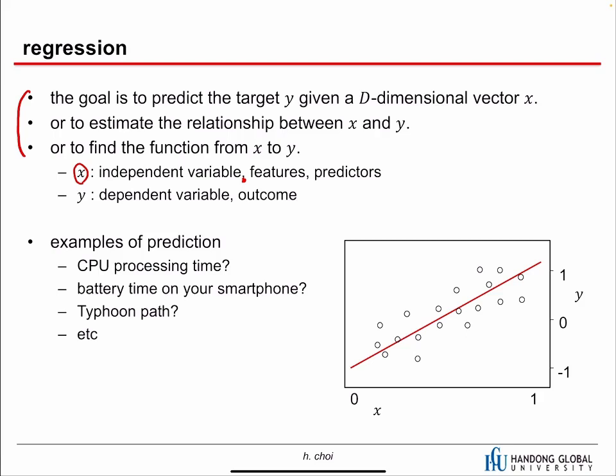So from x to y, but people might get confused with this kind of relationship and the causal relationship. In regression, we don't find the causal relationship. We actually provide this relationship first, which means we want to find the relationship from x to y, so we have x and we have y.